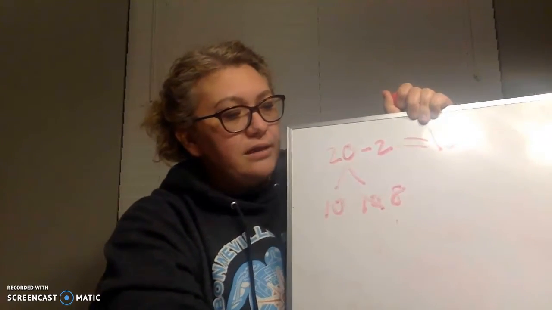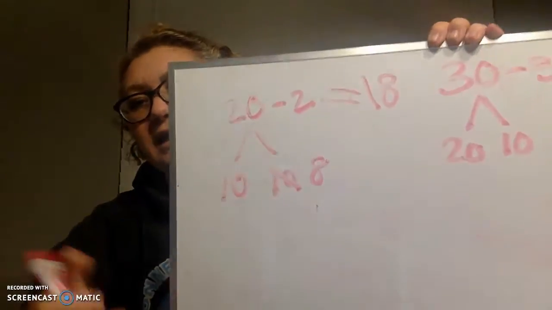Now, let's write 30 minus 3. So we're going to go 30 minus 3, which is 3 tens minus 3 ones. And we're going to break apart the 30 into 20 and 10.